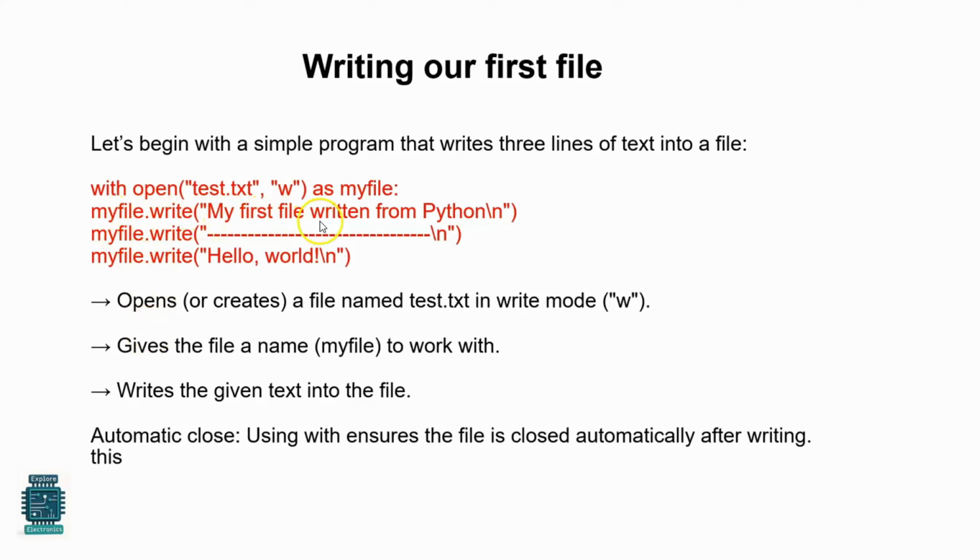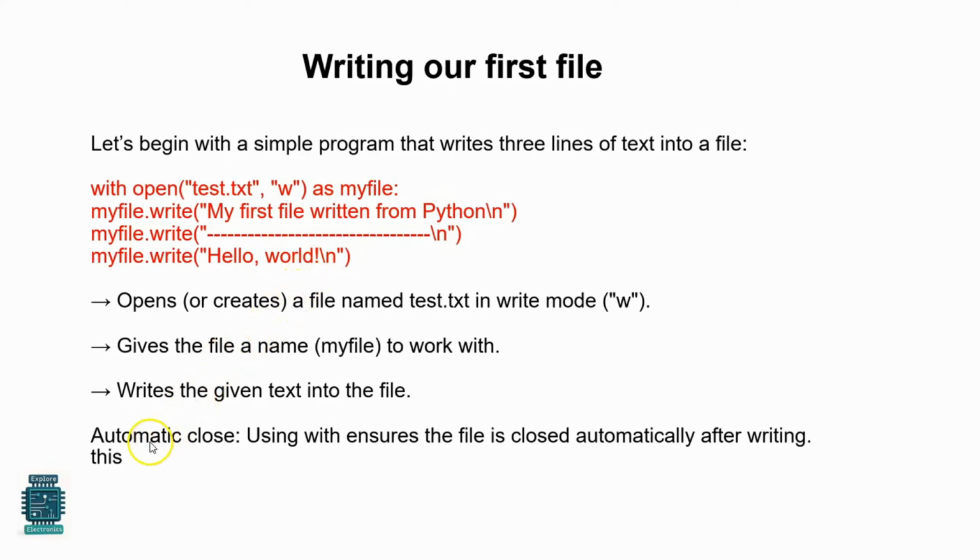As myfile. After that, myfile.write, my first file written from Python. It gives the file name, which is myfile, to work with. Myfile.write writes the given text into the file. Myfile.write hello world. Here \n is to print in the next line.